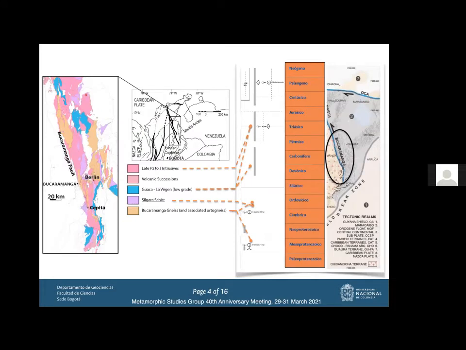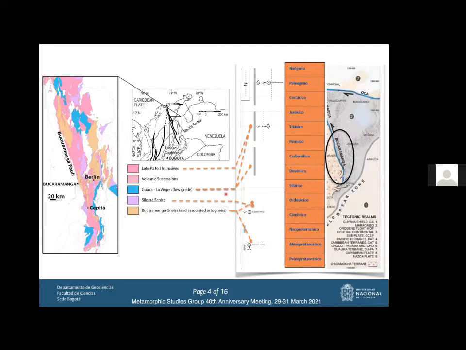On the left, we can see a generalized geologic map of the Santander Massif here in the northern part of the Andes. The two units that record the Ordovician orogeny are the Bucaramanga gneiss and the Silgará Schist. The Bucaramanga gneiss also has relics of ages from the Grenvillian type orogeny, but the main metamorphic event is right here in the Ordovician.